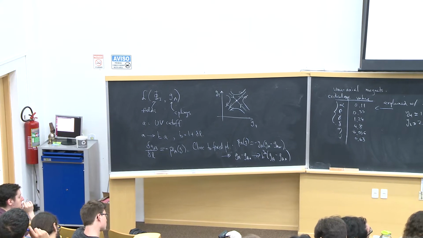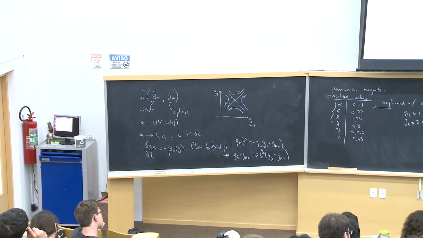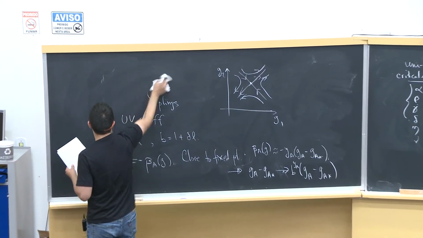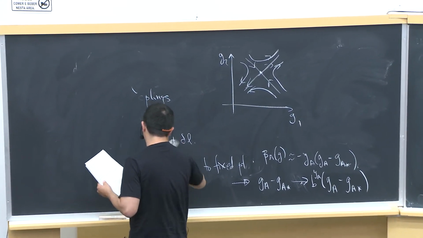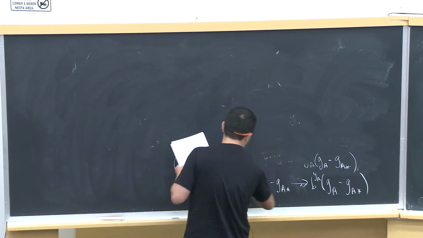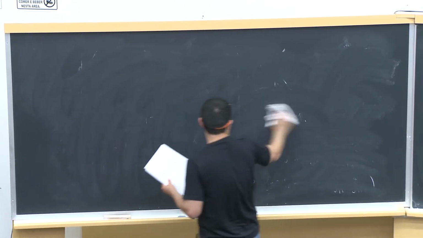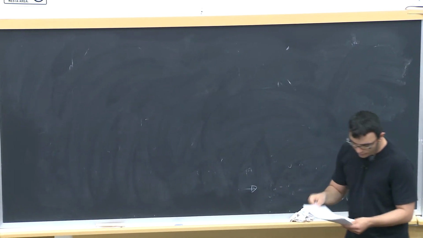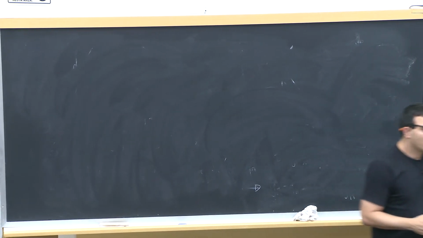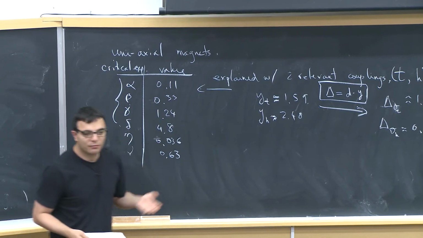So the next thing I want to discuss is how to calculate these critical exponents, how to calculate y_h and y_t, or the critical exponents. And I sort of asserted, without proving in any way, that this critical point should be described by a CFT.